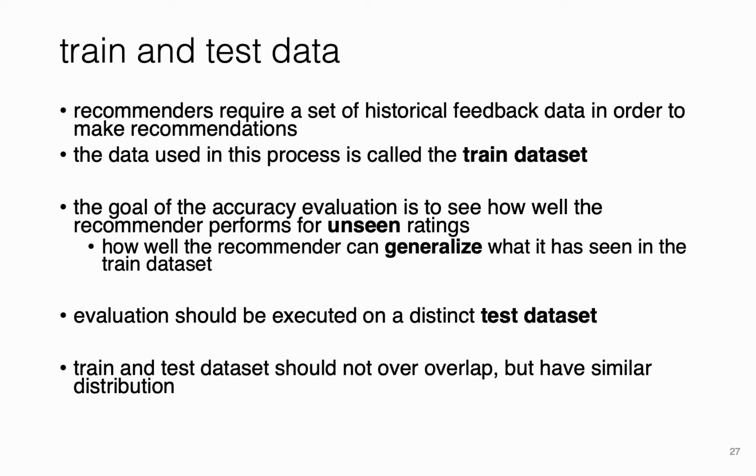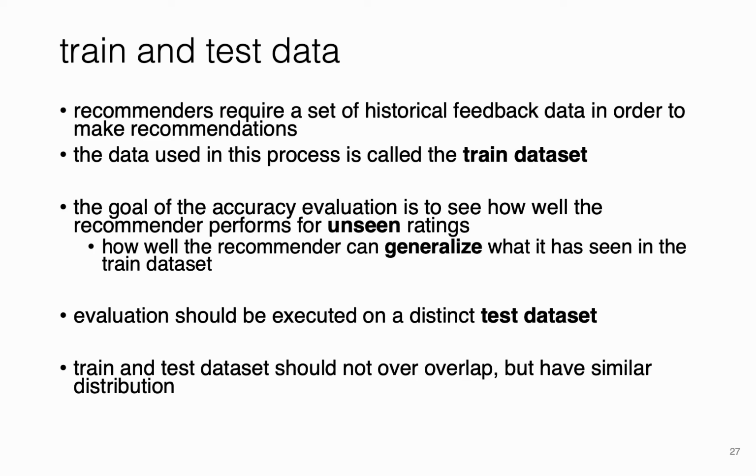Model-based collaborative filtering builds a model out of this data. So we call this data the training dataset. In general, recommenders try to make the best out of the training dataset. For example, build a model that accurately predicts these known ratings.